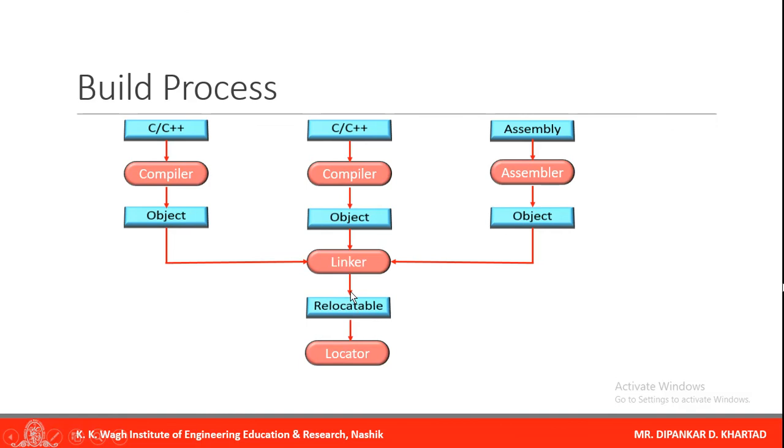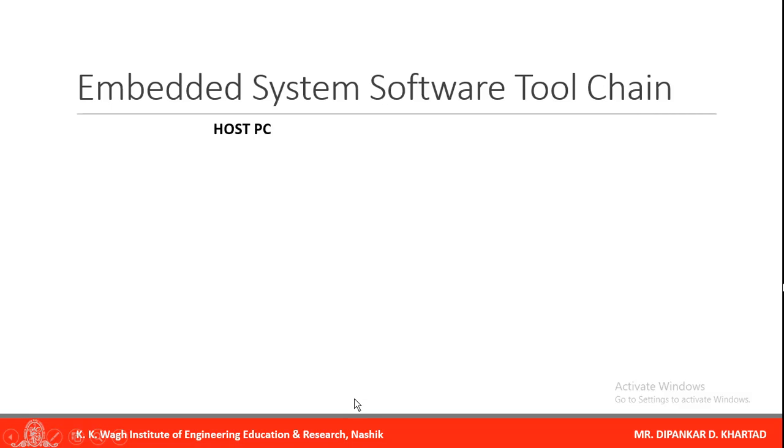So the linker will generate one relocatable file, and after that it will be dumped to our target system, that is the executable file. So this is how the build process will work. It starts from the source file and it will end at the executable file.